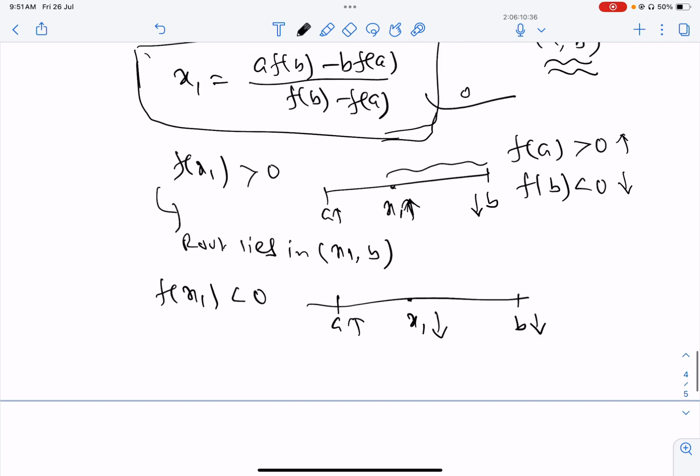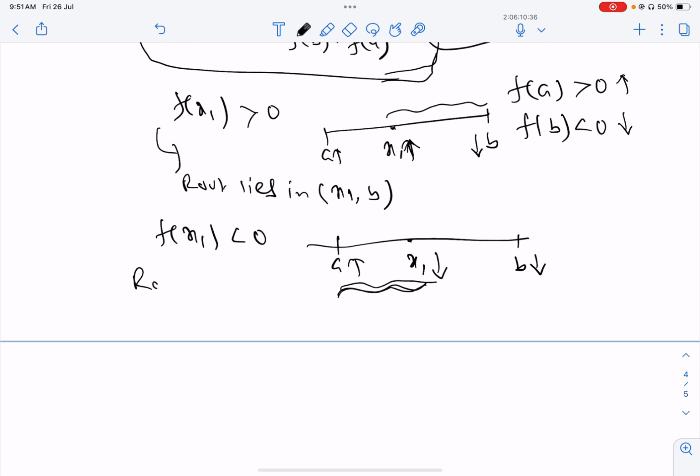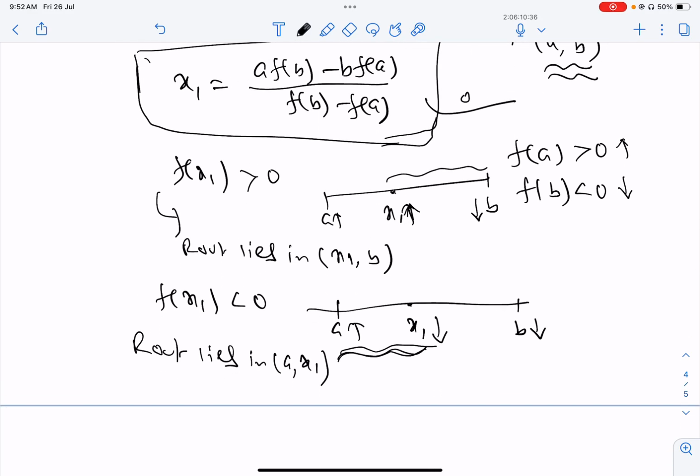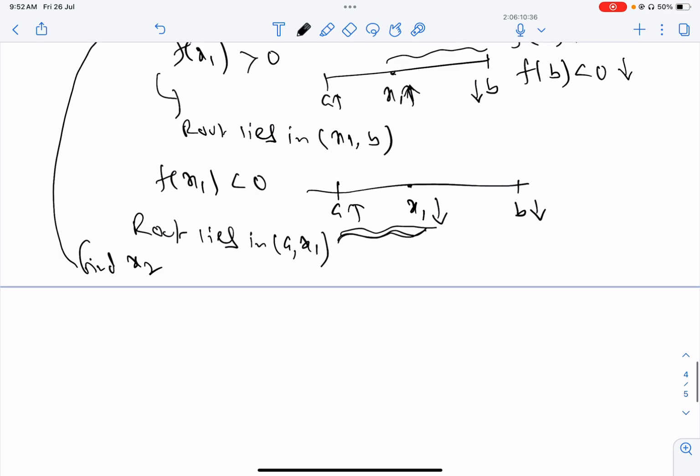Then the root lies between these two, A and x1. So in this case, you can say that the root lies in (a, x1), and then you can find the next x2. Again find x2 by this formula, and continue the process. Okay, so this is very simple, and let us solve an example now.